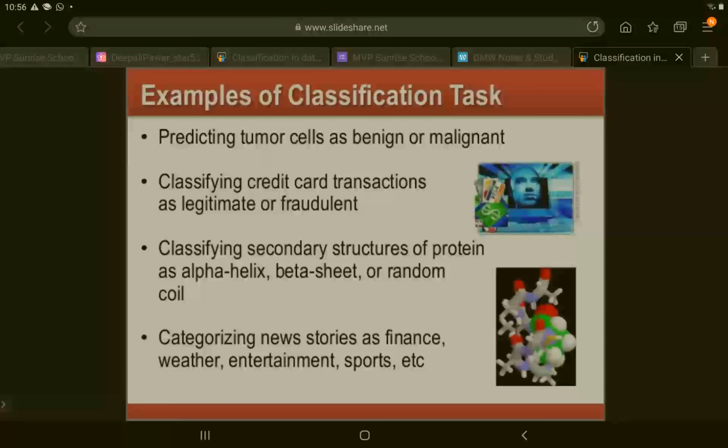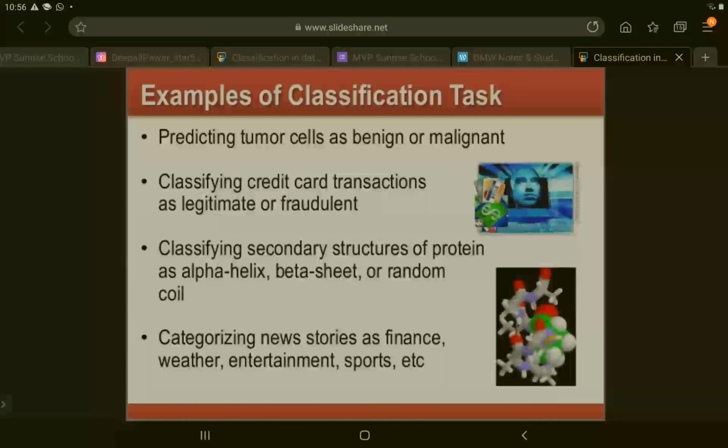These are the different examples. For example, predicting tumor cells as benign or malignant, whether the cancer tumor cells are normal, medium or high.